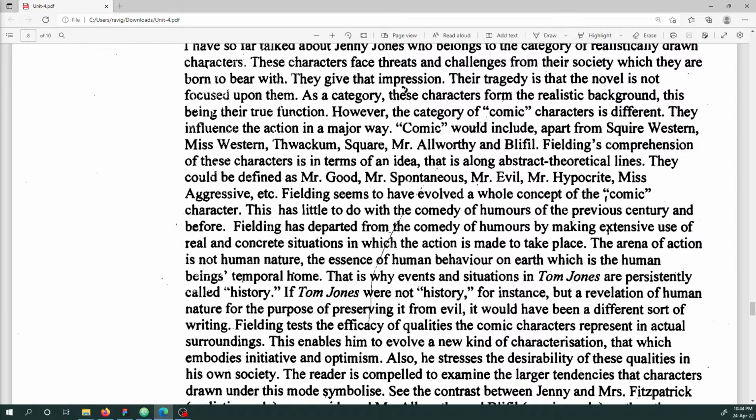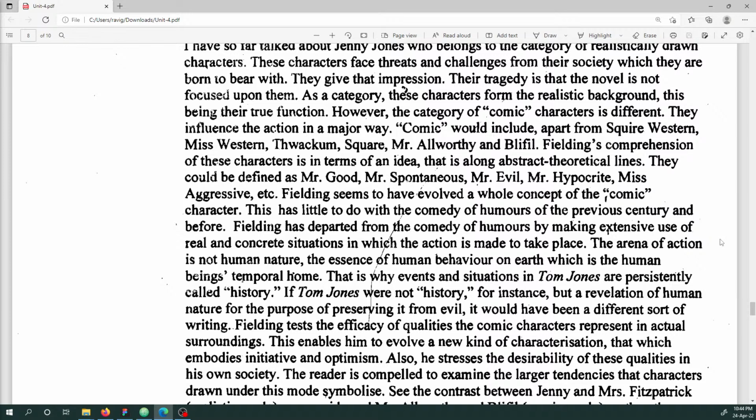If Tom Jones were not history, but a revelation of human nature for the purpose of preserving it from evil, it would have been a different sort of writing. Fielding tests the efficacy of the qualities the comic characters represent in actual surroundings. This enables him to evolve a new kind of characterization, one that embodies initiative and optimism.